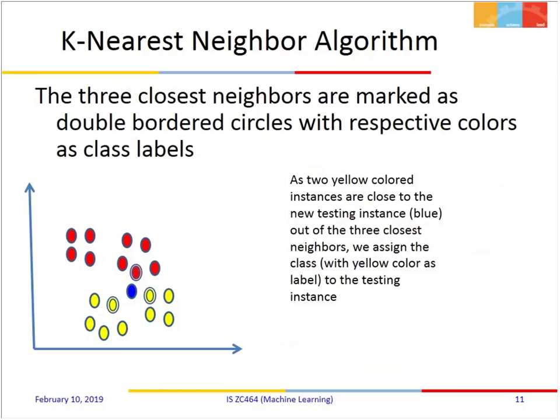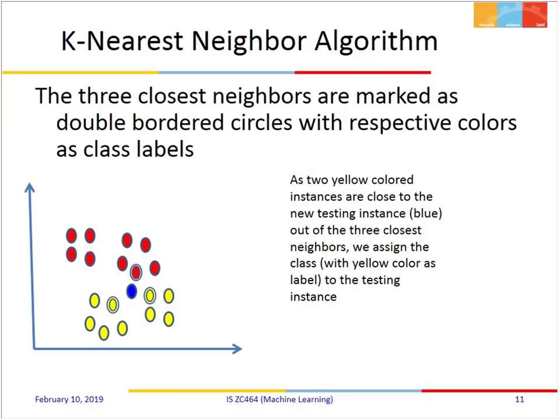Now, since 2 points from the yellow class are nearest out of 3, we will assign it the class orange. This is the crux of the k nearest neighbor algorithm. The algorithm is pretty straightforward. Here we try to find the minimum distance of the test data from all these points.